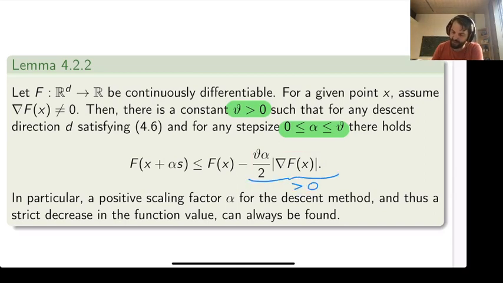And so we get guaranteed decrease. In particular, a positive scaling factor alpha for the descent method, and thus a strict decrease in the function value, can always be found. So unless we are at the solution, at the minimum, or at some stationary point, we will always find a descent direction. Okay.